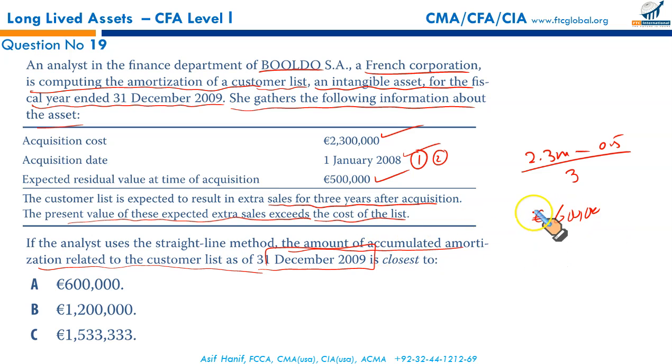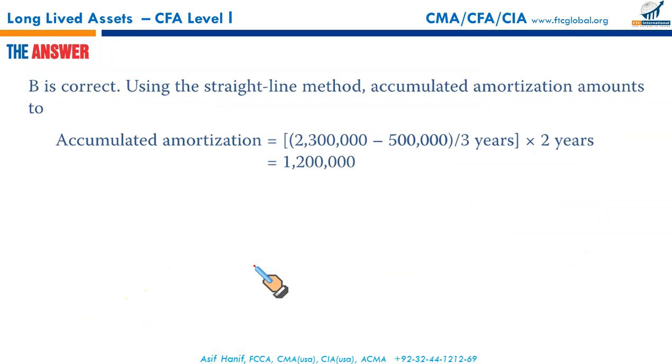Since we are talking about accumulated amortization for 2 years, just multiply this with 2, that will give you 1.2 million. This is the balance in your accumulated amortization account against this customer list, which is an intangible asset. That makes B the correct option, and B it is.